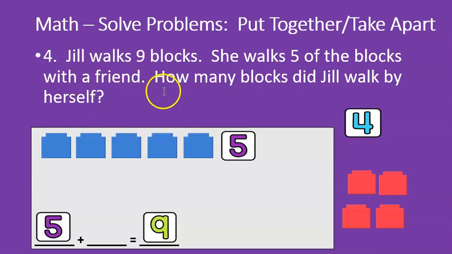Let's read this last question. How many blocks did Jill walk by herself? Okay, look. She walked 5 blocks with a friend. Now she's walking by herself, but it wants to know how many blocks did she walk, okay? In order to get our answer, we have to count 5 and count till we get to 9.